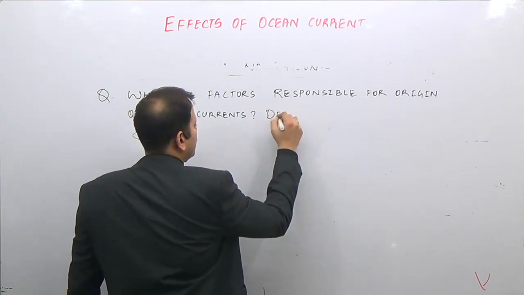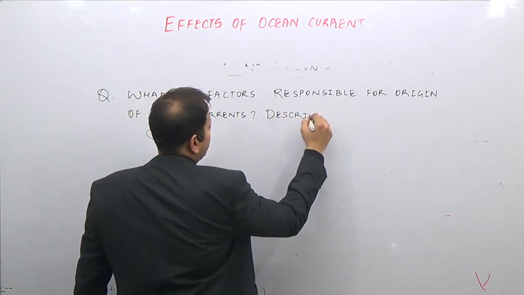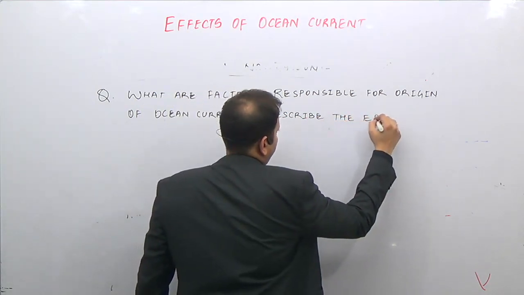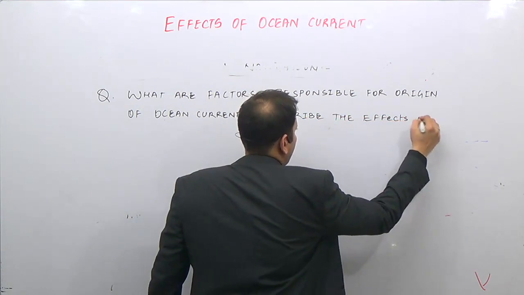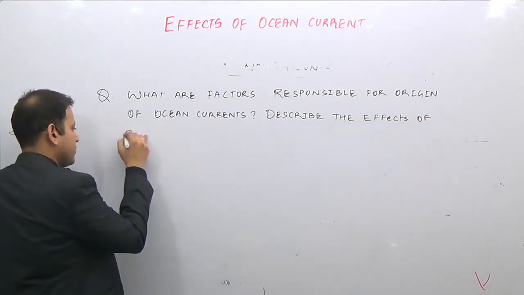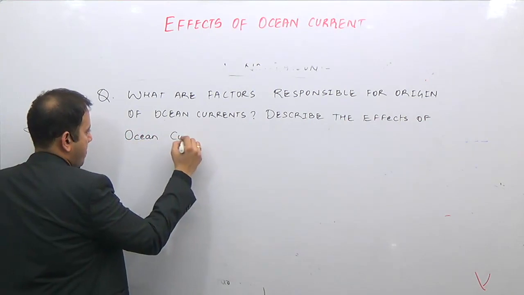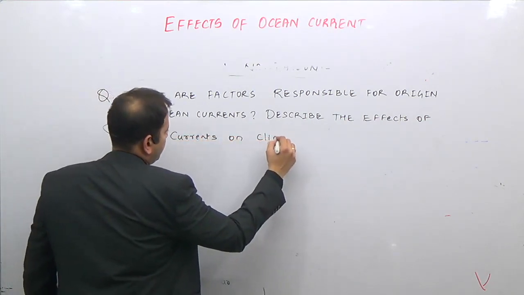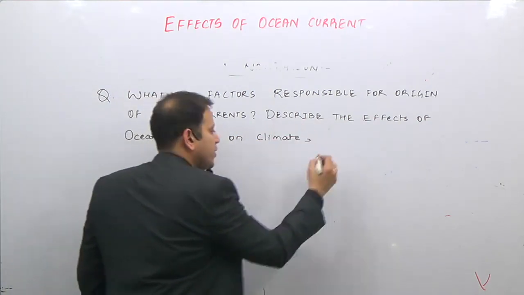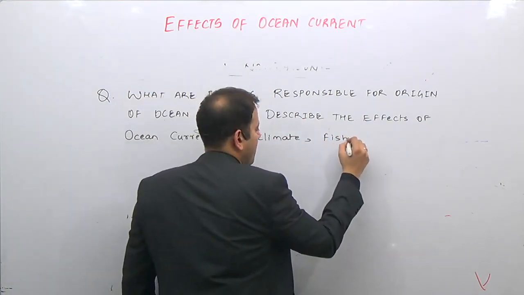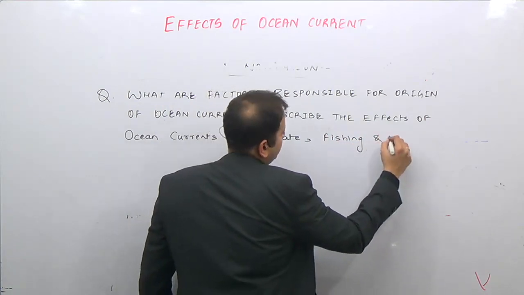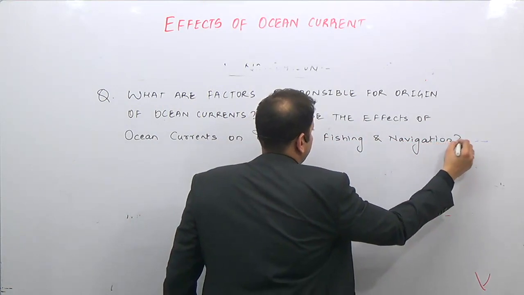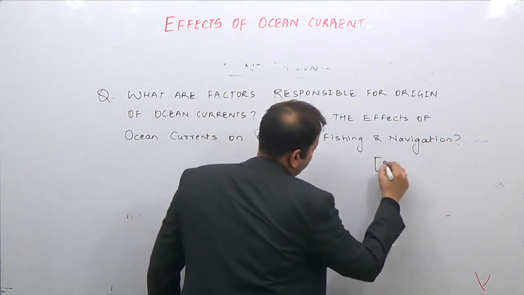Describe the effect of ocean currents on climate of an area, fishing and navigation. In 200 words.